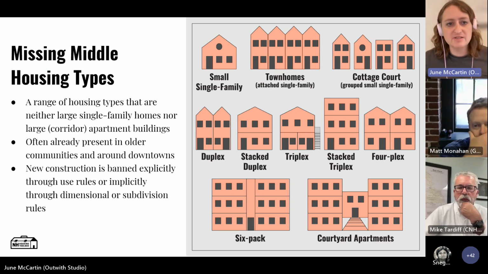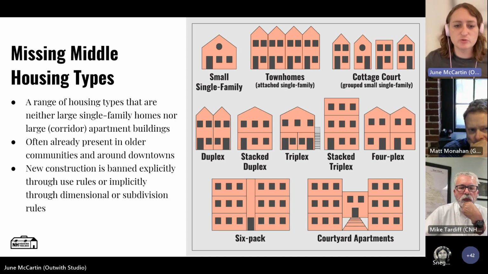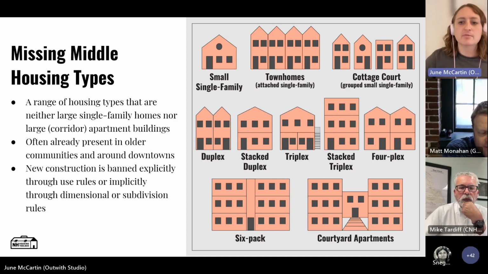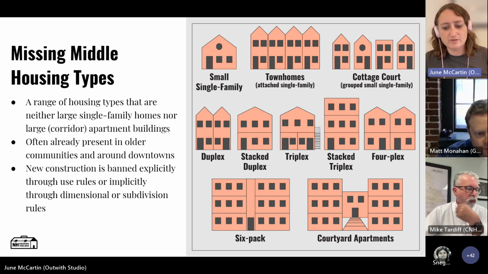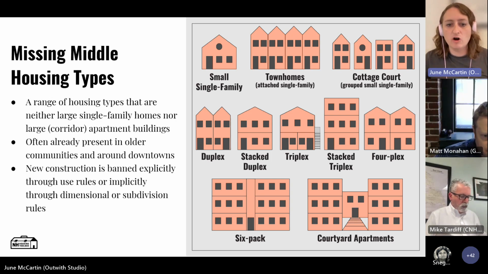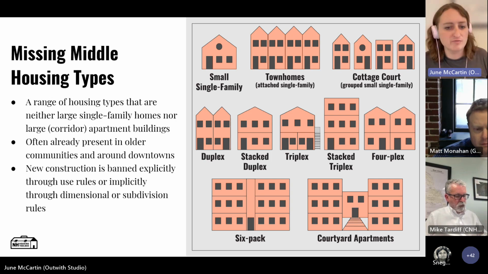Okay, so next is missing middle housing types. This is somewhere between a specific zoning tool and a development approach. The idea of missing middle is that we have conventional development based on large single family homes on large lots that has been prevalent over the past 70 years or however long.